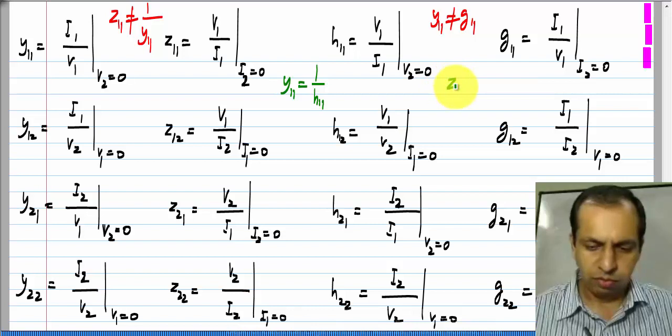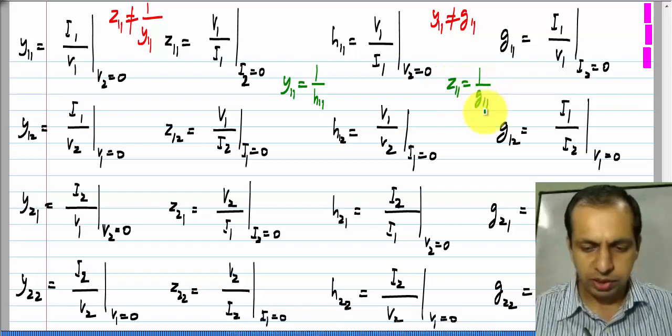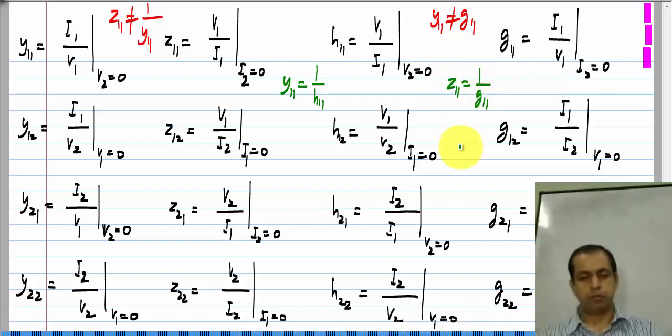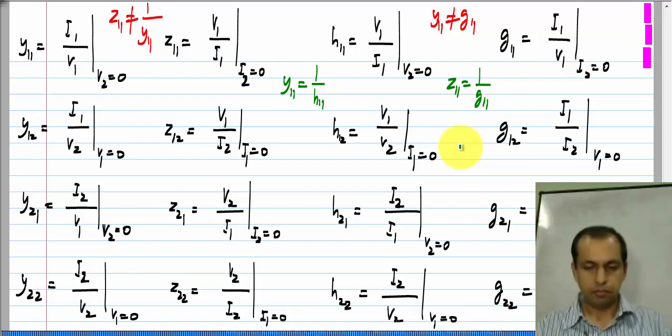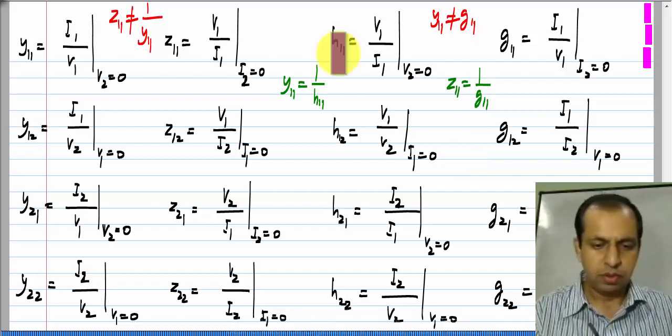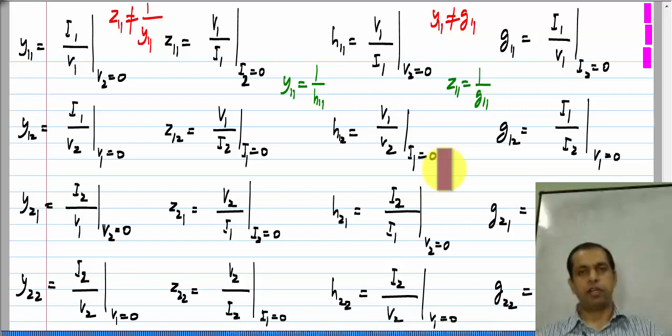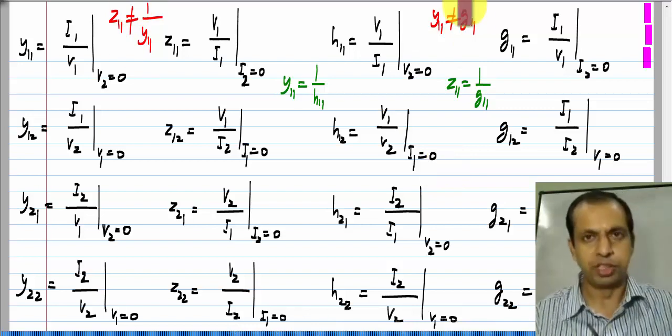So, Z 1 1 is 1 by G 1 1. These kind of relationships you can build up, and you can also build up relationships for other parameters, but it is especially important not to make this type of mistake.